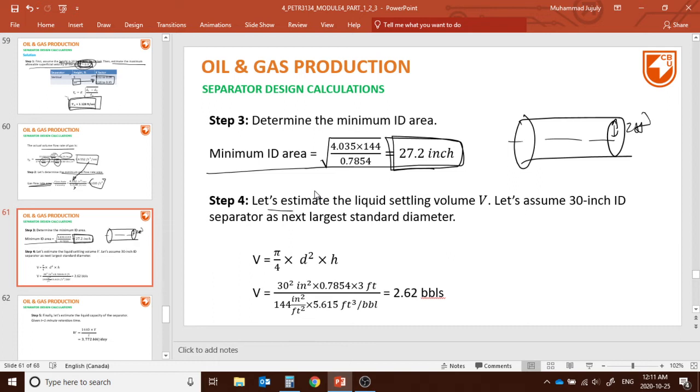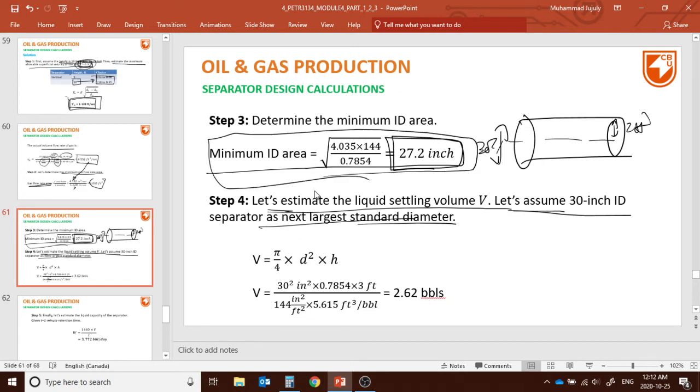Now let's estimate the liquid settling volume, and let's assume the diameter of the vessel is 30 inch. Next let's do the standard diameter. That means we calculated the minimum diameter is 27 inch. So 27 inch is not a standard size, so we assumed it's 30 inch.